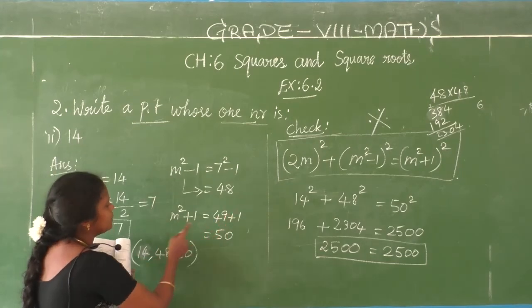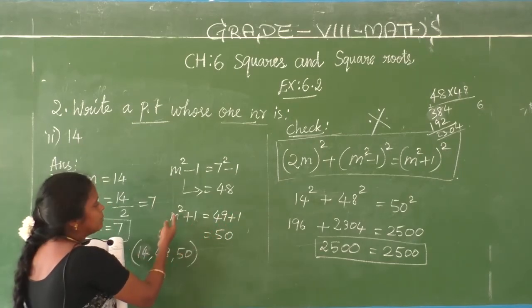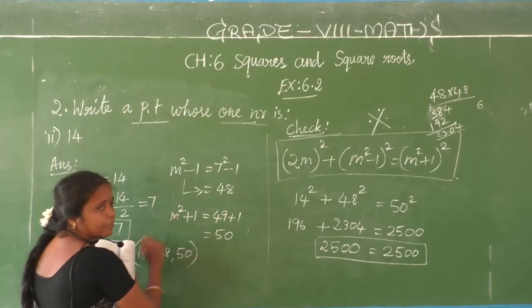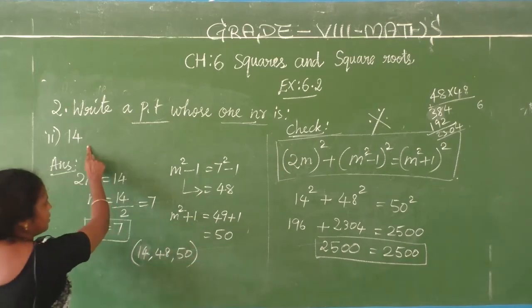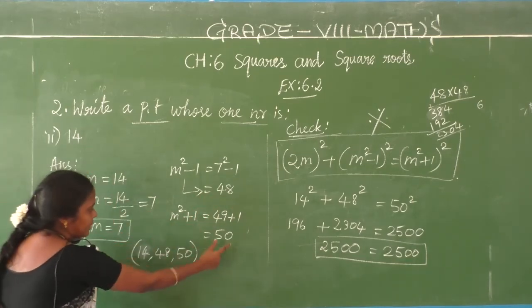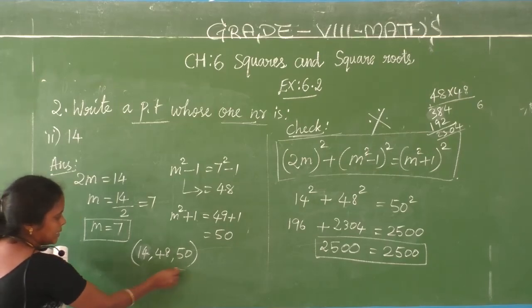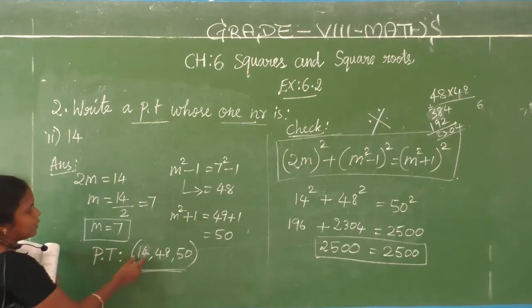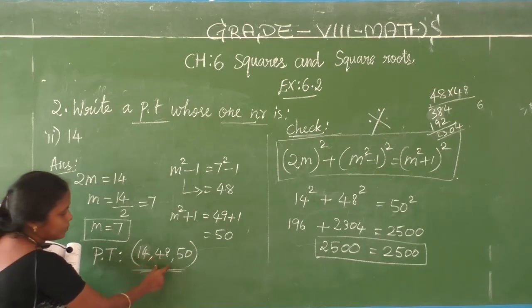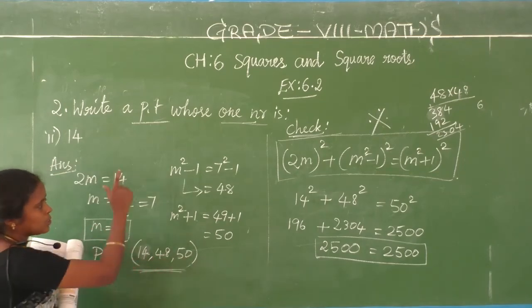What about the third term? m square plus 1: 49 plus 1, 50. So the three numbers are 14, 48, 50. The required Pythagorean triplet is 14, 48, 50. Understood or not?